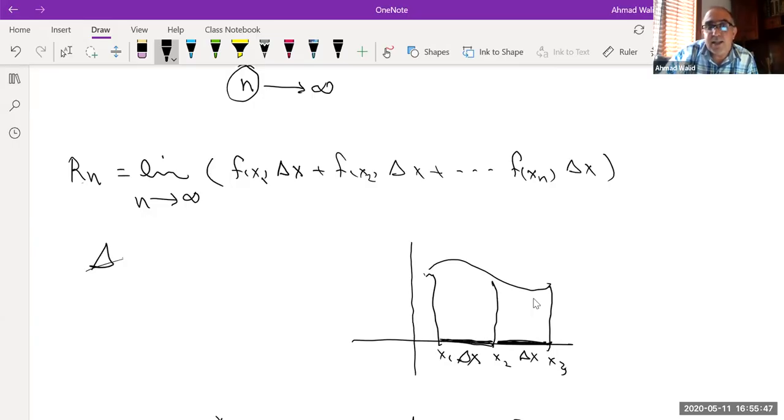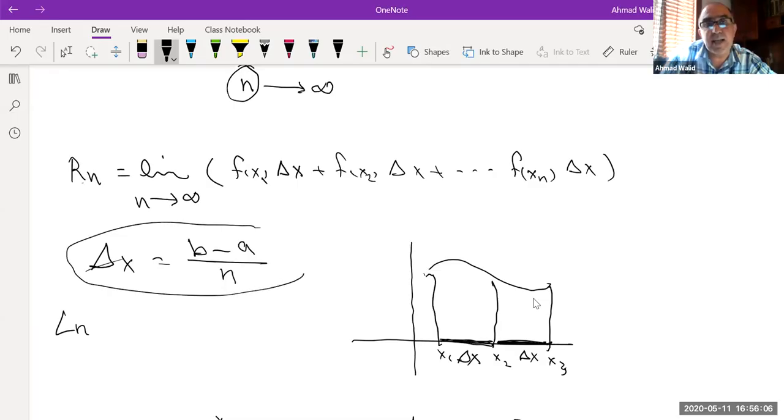And your delta x is always b minus a over n. Same notation goes for the left side. It's basically the same. Now I'll show you how I am using delta x in the next example, this method, correct?